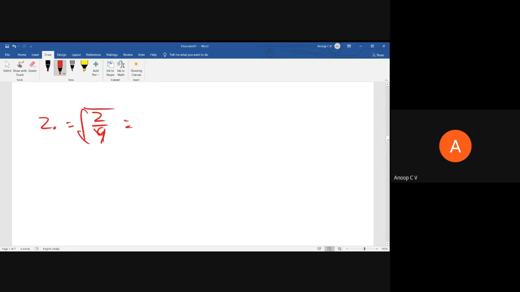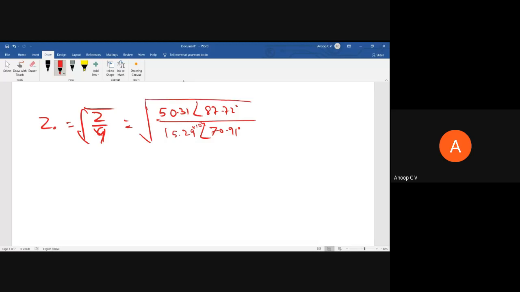Root of 50.31 angle 87.72 degrees divided by 15.29 angle 70.91 degrees, into 10 power minus 4, I missed that.